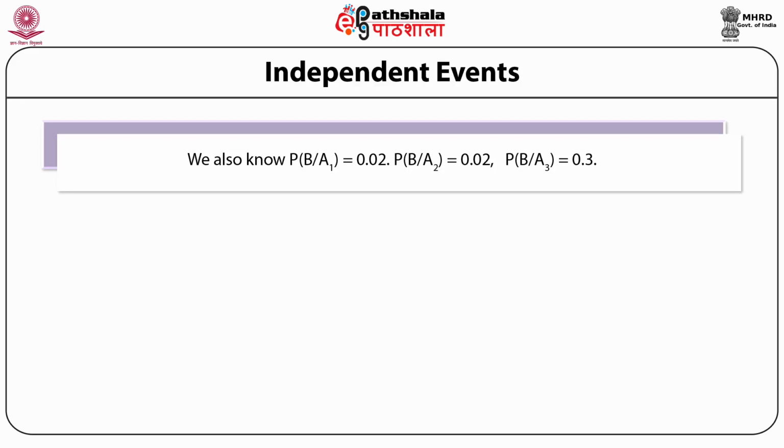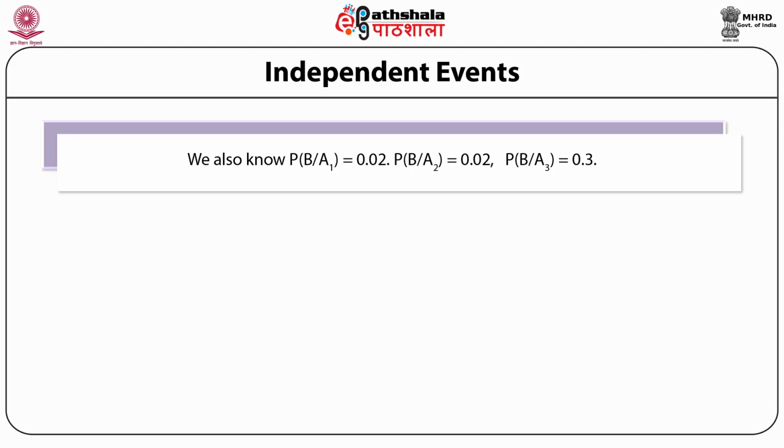We also know the probability of B, that the item is defective when A1 is selected, is as given 2%, that is 0.02. Probability of a defective item when A2 occurs is also 2%, so 0.02.